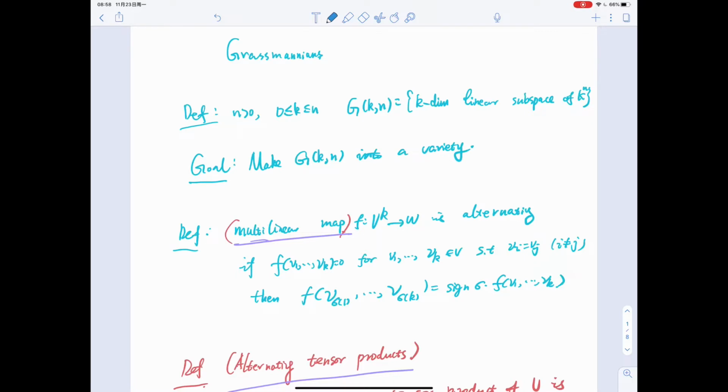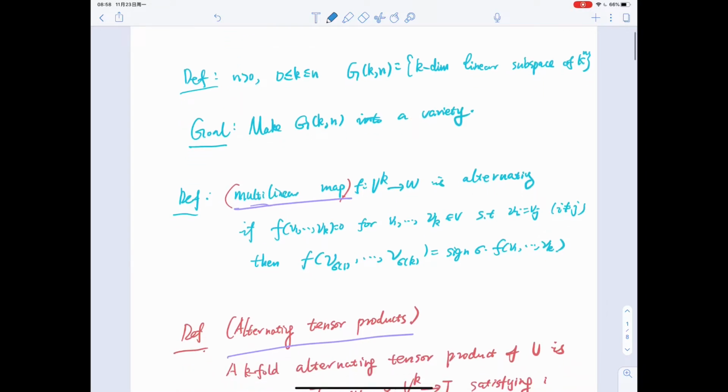To make it clear, we need the algebraic concept of alternating tensor product. We first give the definition of multilinear map. A k-fold multilinear map f from V^k is called alternating if f(v1, ..., vk) is 0 for v1, v2, ..., vk in the vector space V such that vi equals vj for some i not equal to j.